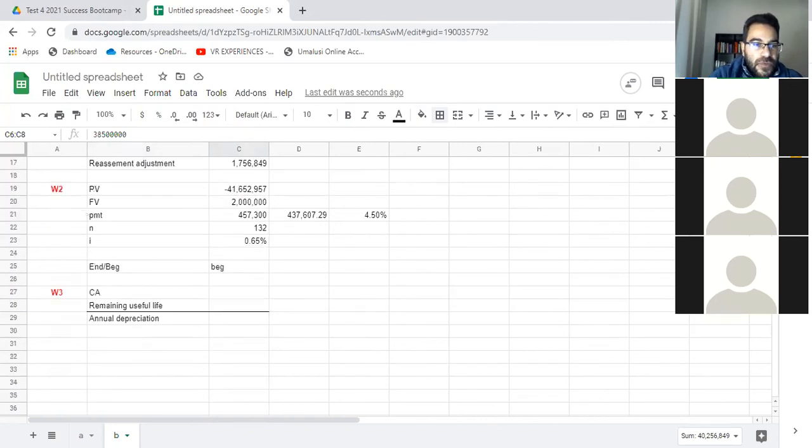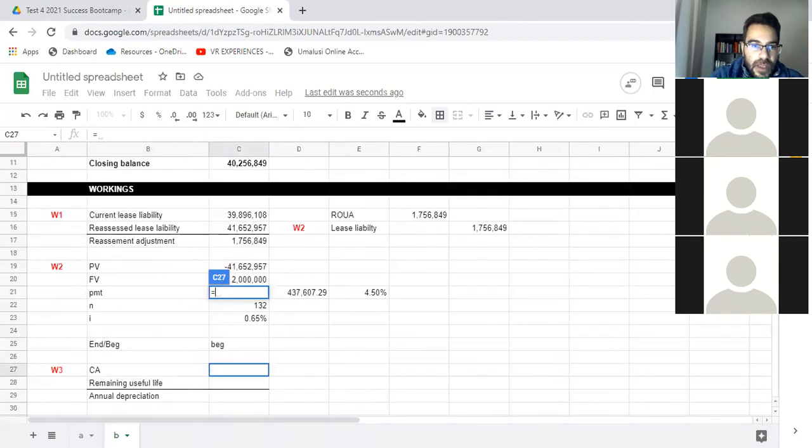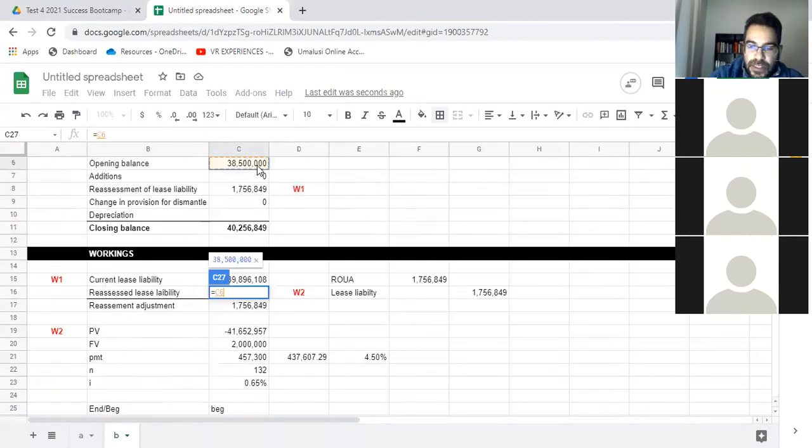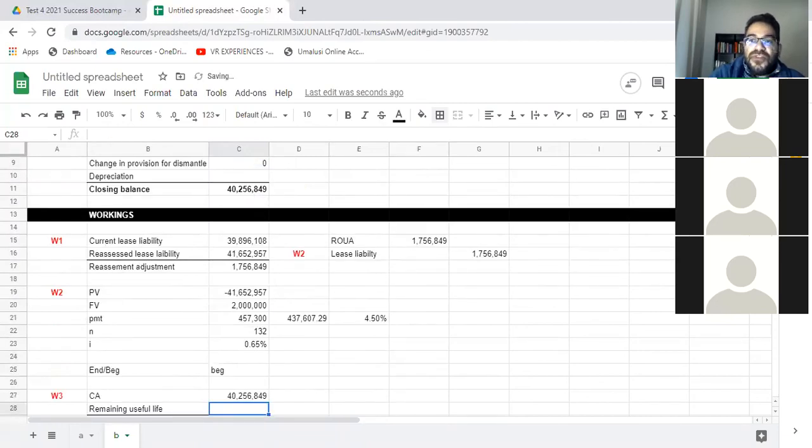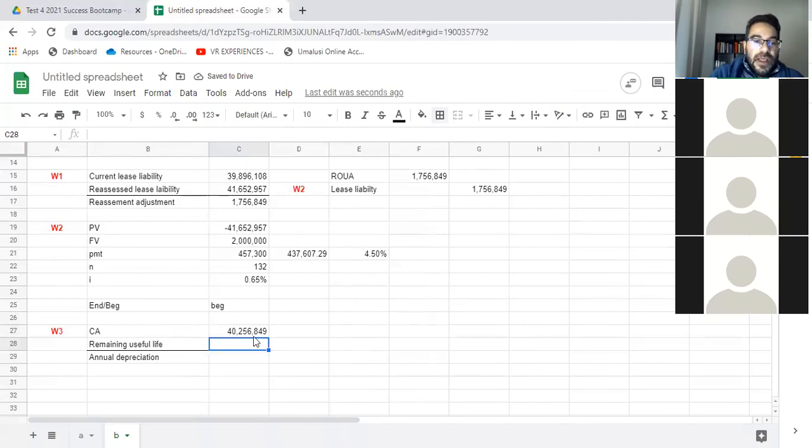So my carrying amount is equal to opening balance plus the change. The useful life we have used is 12 years, but we want the remaining useful life, so useful life minus whatever has passed. 1 year has passed, only 2019, so the remaining useful life is 11. So carrying amount divided by 11 will give me that amount as our depreciation.